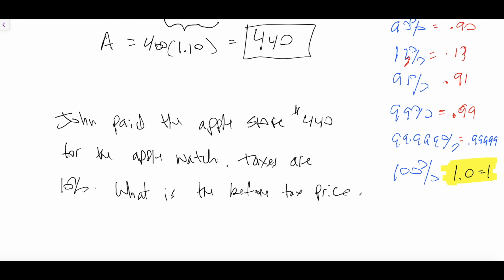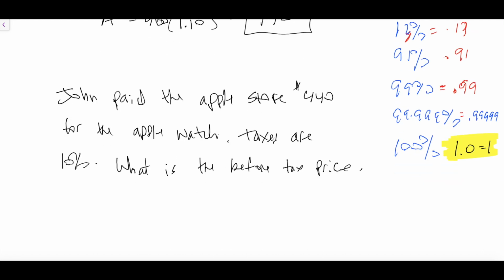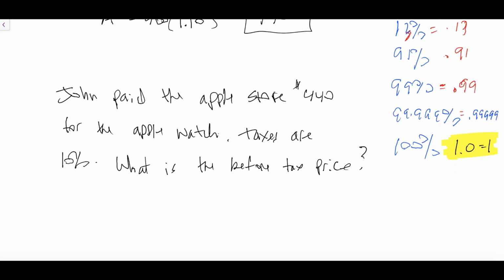And this is where you fall on your face. But don't worry, I fell on my face in this exact problem at the age of 25. So here we go. If you go 440 times 0.10, you're taking 10% of 440. You're going to get 44.